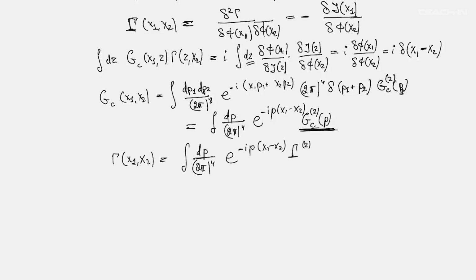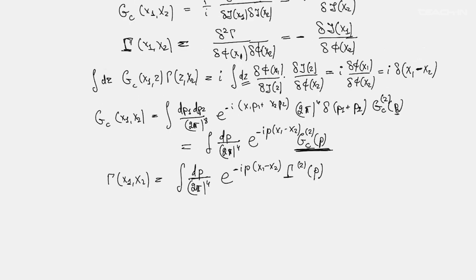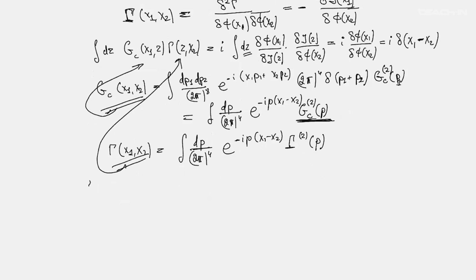Now, if we take these expressions and substitute the right-hand sides into this formula and integrate, we get the following: integral dz Gc x1 comma z gamma z x2 equals integral dp over 2 pi in the power 4, and then there will be exponential minus ip x1 minus x2.